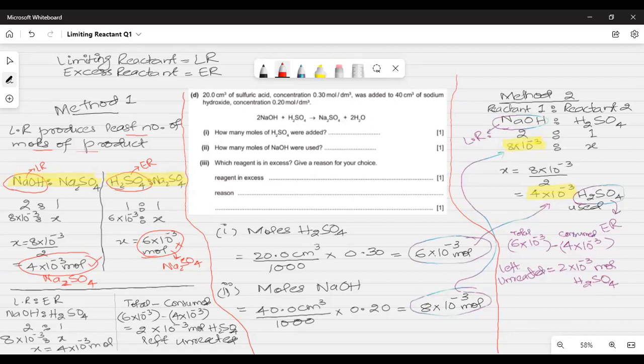But if you need to go with the whole calculation and even find out the amount of excess reactant left unreacted, I insist you go with method one. But Sir, both the methods can do everything for you. So it's really up to you which one you opt.